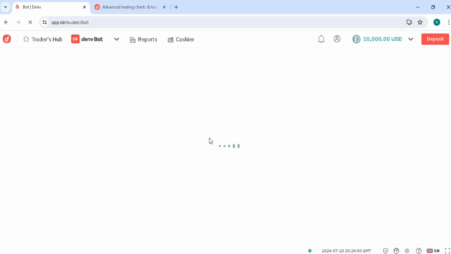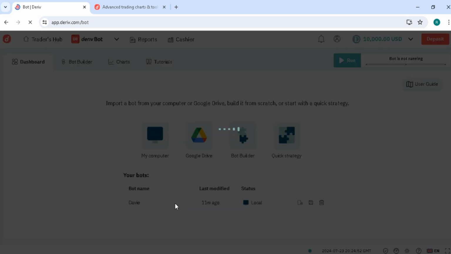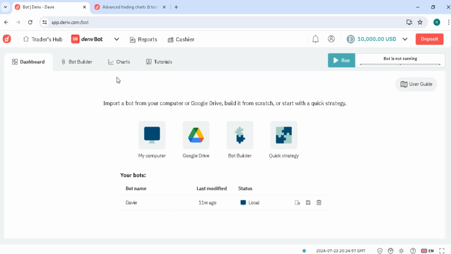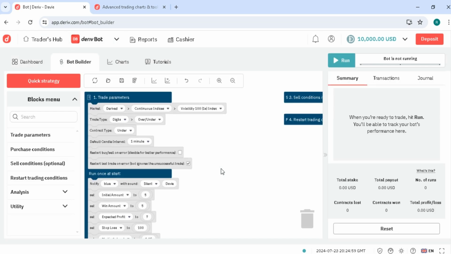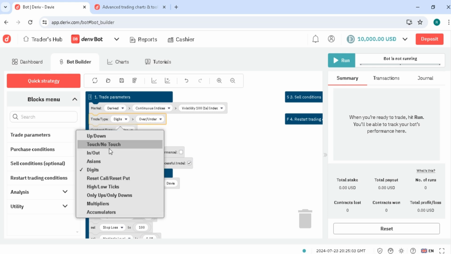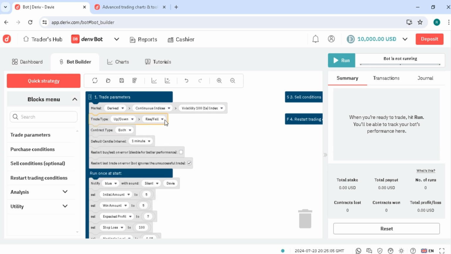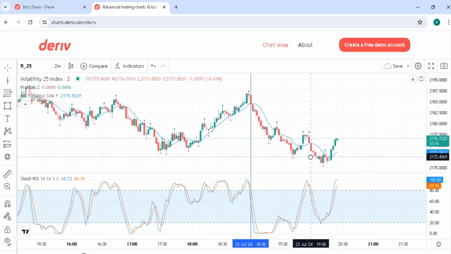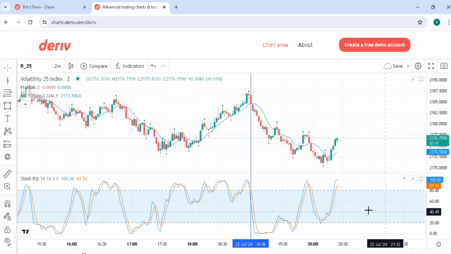So you go to your bot, and as you analyze the market, make sure that at least you have a bot that is ready, so that immediately you see an entry point, you just run the bot. This is part 3. In part 4 or 5, I will be talking about entry points. So you might want to subscribe for that.